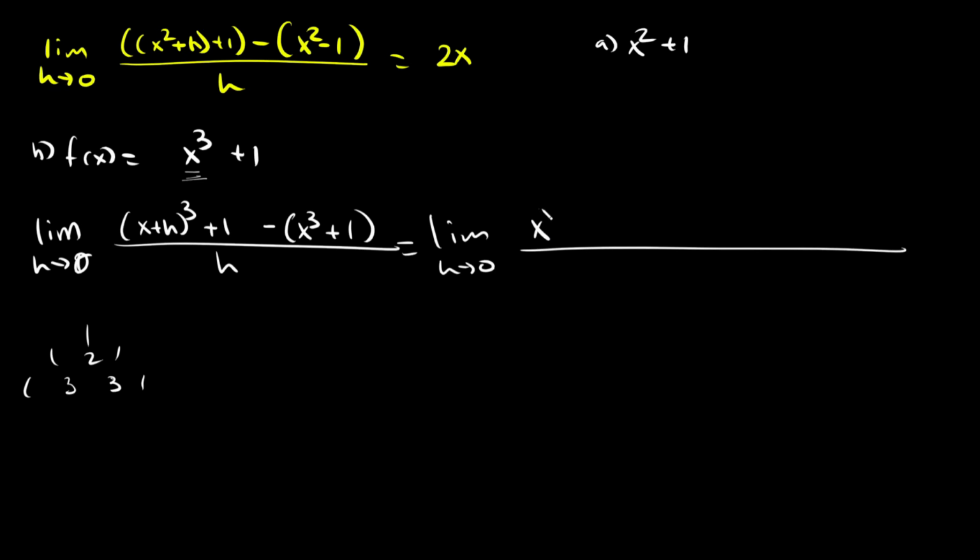So here I'm going to get x to the power of 3 plus 3x squared h plus 3x h to the power of 2 plus h to the power of 3 plus 1, plus 1 minus x to the power of 3. I'm going to expand my parentheses, minus 1. It shouldn't be much of a surprise.